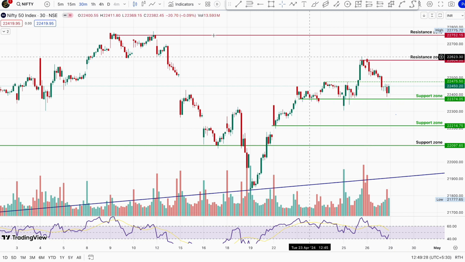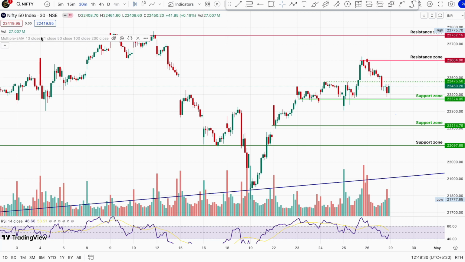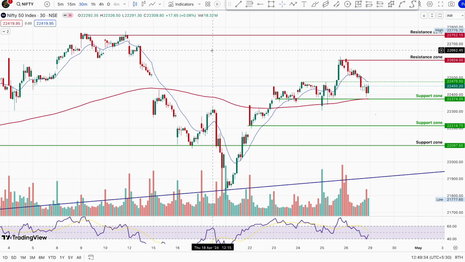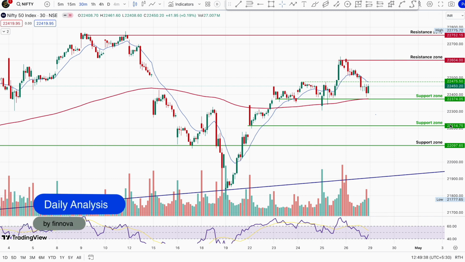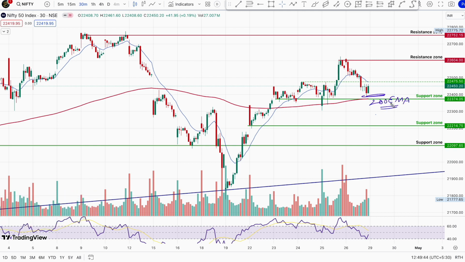Let's activate the EMAs also. We can see the market is now trading at the 200 EMA. The market can take support from here, because this 200 EMA has been providing good support as well as resistance.